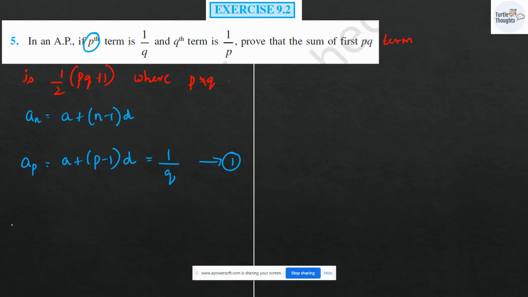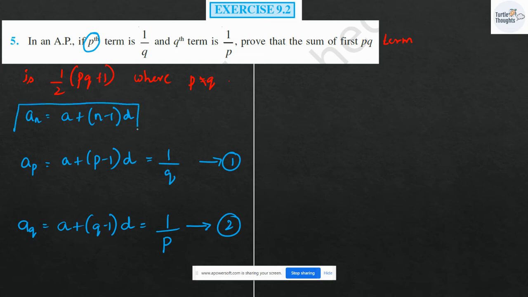Next, Qth term. So, AQ is going to be equal to A plus Q minus 1 into D. Qth term is how much? It is 1 by P. So, this will be your equation number 2. So this is the general term for the nth term: an is given by a plus n minus 1 into d.